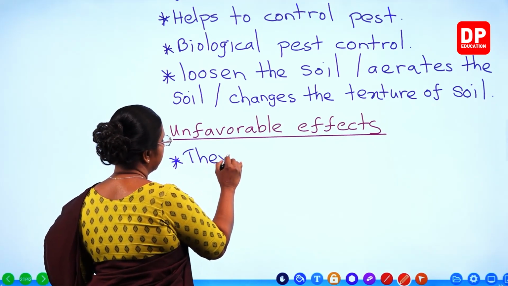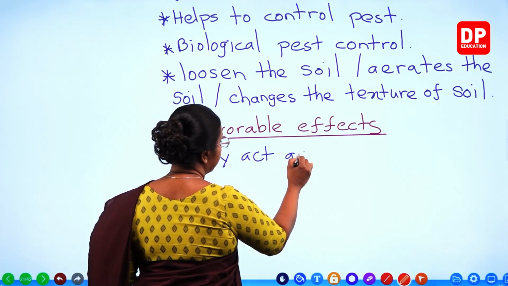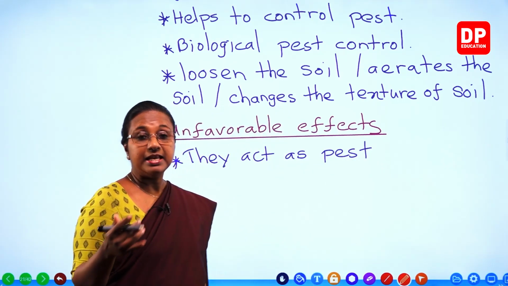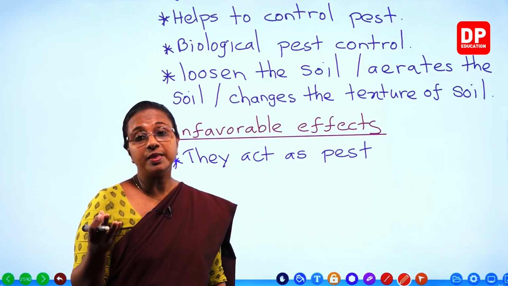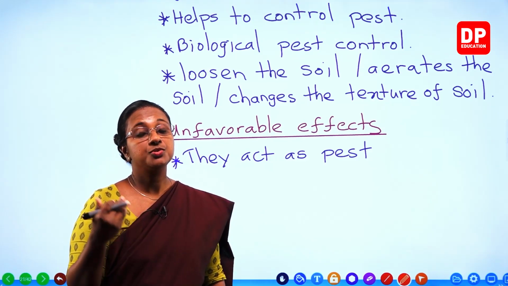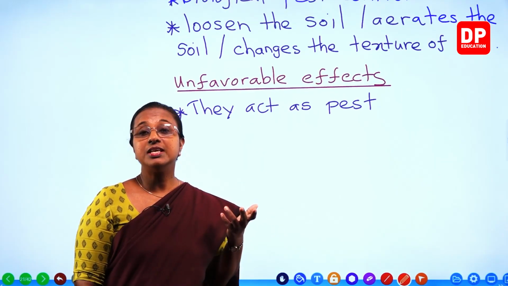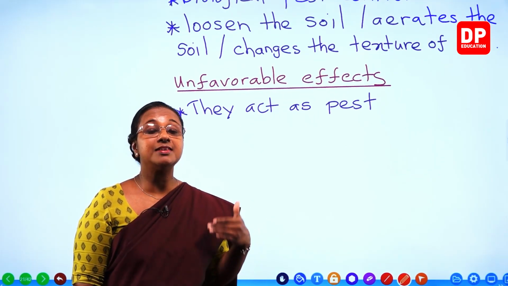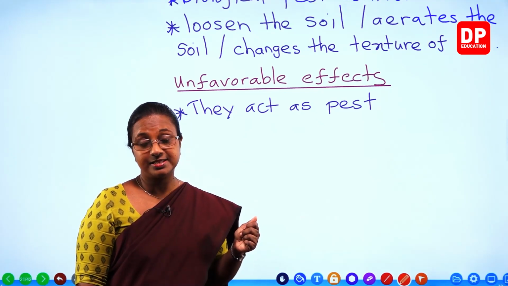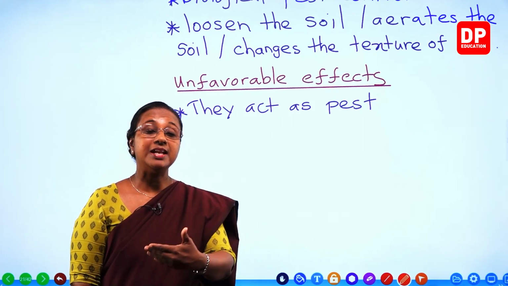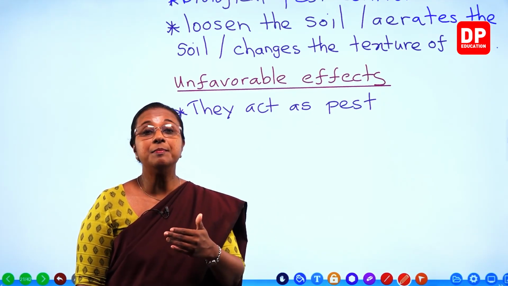They act as pests. Now, the insect itself feeds on the plant, the crop. So then they become a pest. Then another thing, you all know, these particular insects act as vectors of disease-causing pathogens. That means they spread the disease, they spread the pathogens.